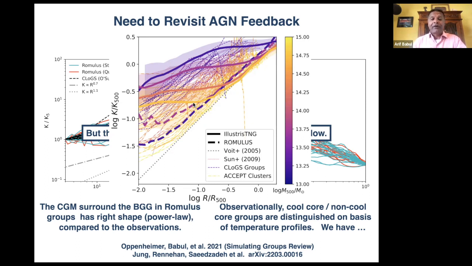Romulus doesn't allow for high temperature metal cooling and finds the lower amplitude entropy profiles. This has been known now for almost a decade. It was first discovered by Yohan Dubois and company. So this is something that I would encourage people to discuss. We really do need to rethink how we are modeling and or implementing AGN feedback in these simulations.